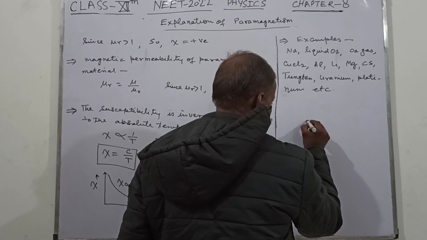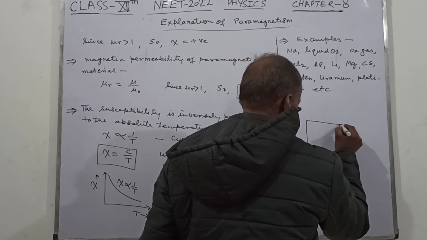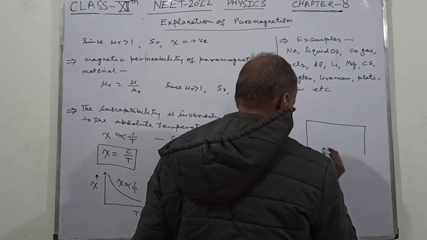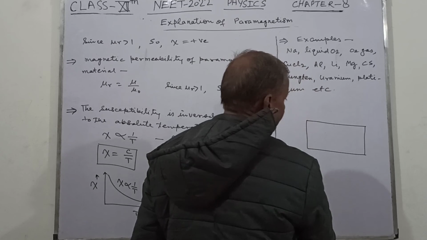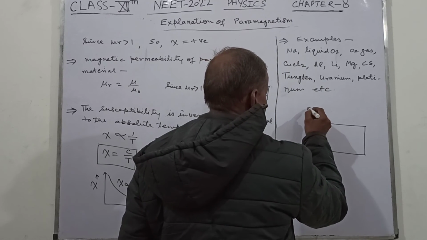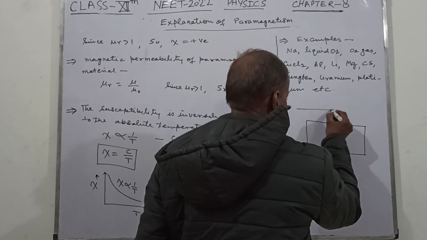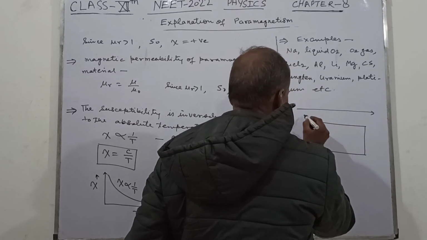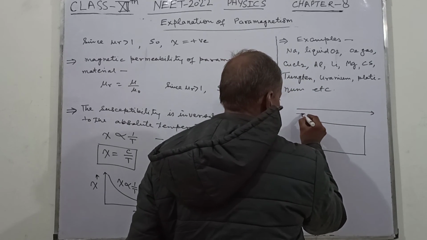And now I show you the magnetic field lines. Suppose this is the paramagnetic material, and suppose these are the field lines.